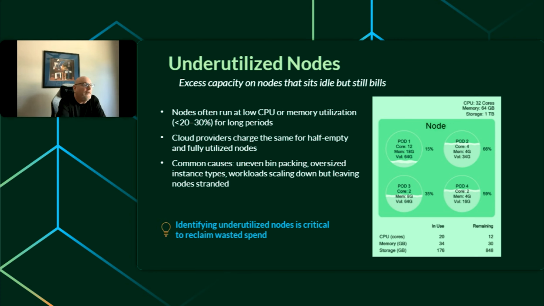So what we see here is a combination of things: we're not bin packing the nodes tightly enough, instances that are too big, and workloads that scale down and leave these nodes in an abandoned state. And again, the idea here is, how do I get visibility into this? How do I understand where this is going on in my environment? Again, first step, visibility, and then we'll talk about how we go about remediating some of this.